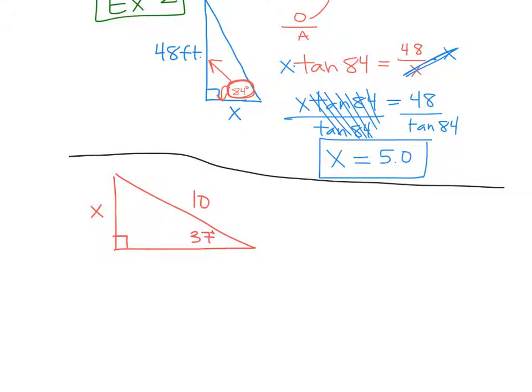Your first job is choose your trig function. So where are we starting from? Well, we start from 37. The angle, right? You always start from the angle you have. Which two sides do we have from that angle?